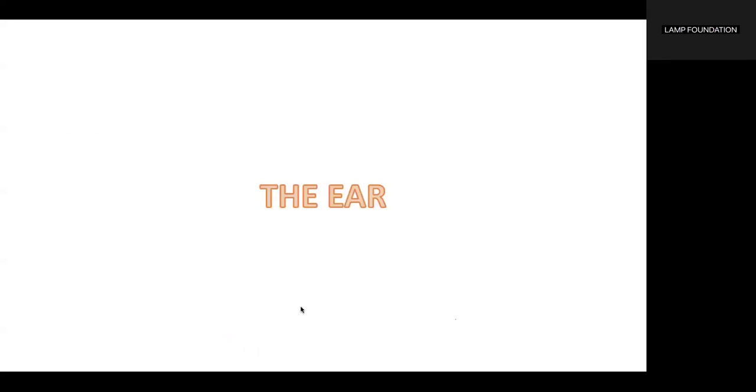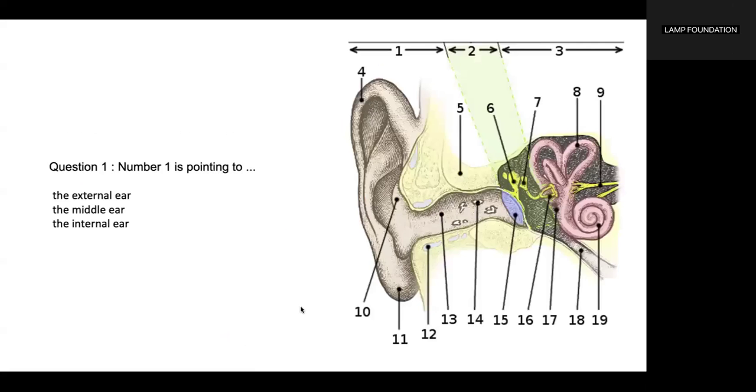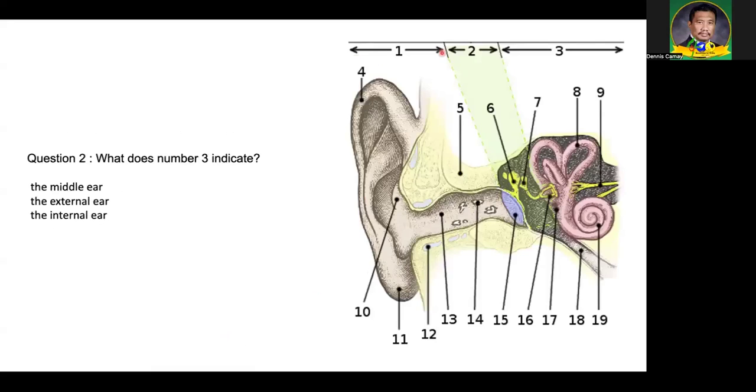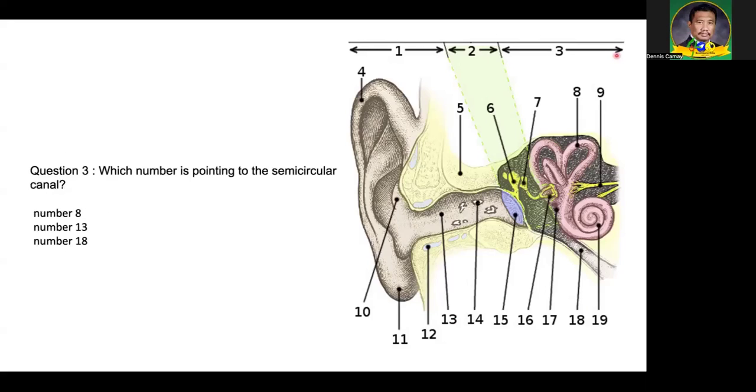Now, let's go to the ear, Sir Dennis. What is number one? External ear. Number three. Internal ear. Okay. What about the semicircular canal? What number? 8.